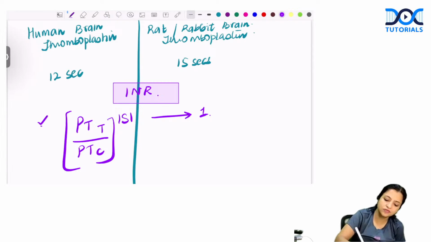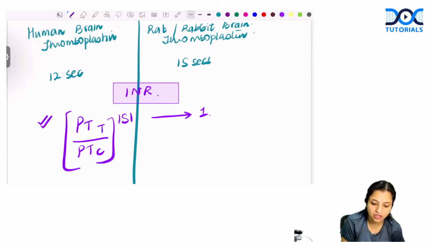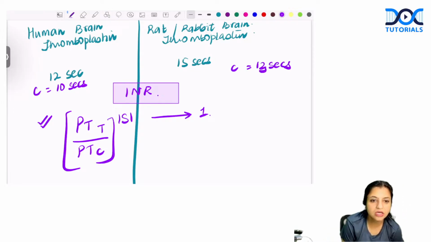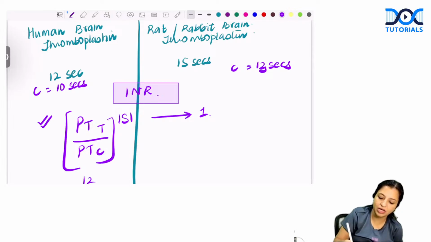On the basis of this, we calculate INR. Let us say in one lab the control was 10 seconds and the test 12, so the INR is 12 by 10. Let us presume they used human brain, so the INR was 1.2.